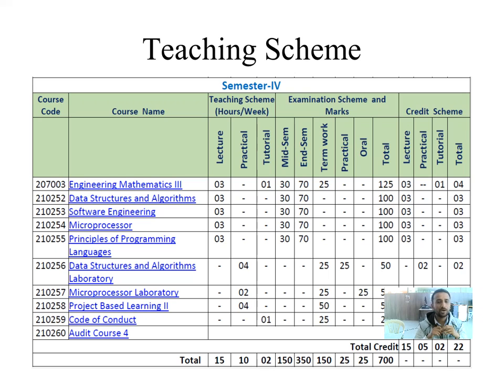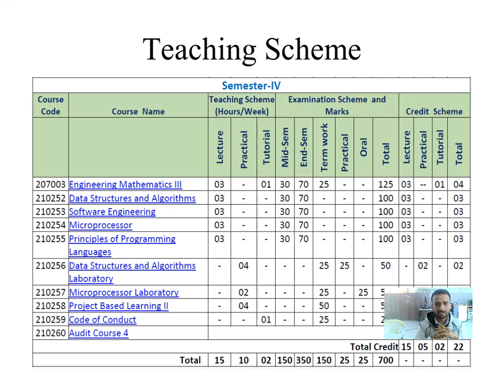This is for our Principles of Programming Languages.